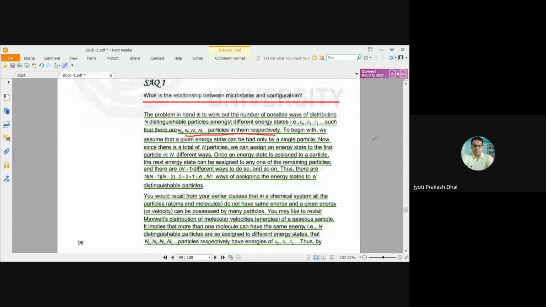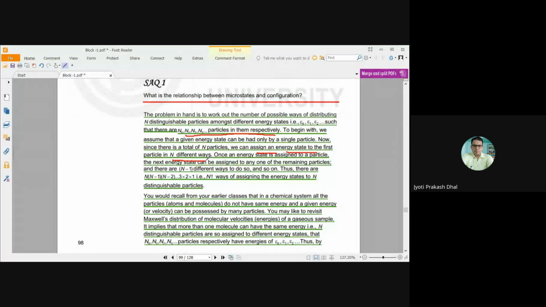To begin with, we assume that a given energy state can have only a single particle. Since there are a total of n particles, we can assign an energy state to the first particle in n different ways. So n particles are there and n energy levels are there.